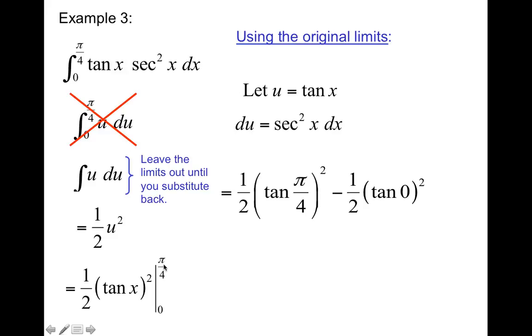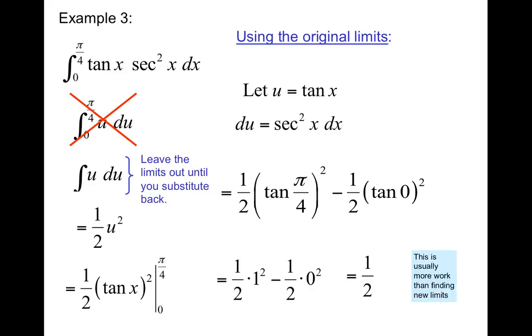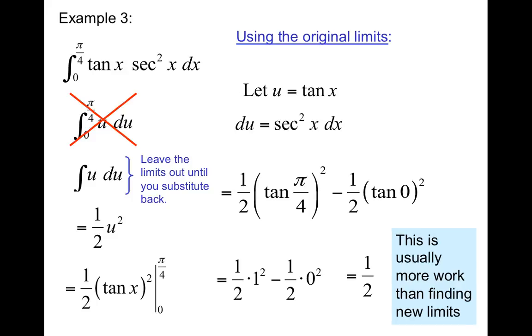And then at that point, I plug in pi over 4, I plug in a 0, I go through and I do the work, and I would still get 1/2. You're basically doing the same exact work, just in a different order. I tend to feel like doing it this way, though, you end up doing more work. I would encourage you to do example 3 using the first method rather than this method that's on the screen right now.